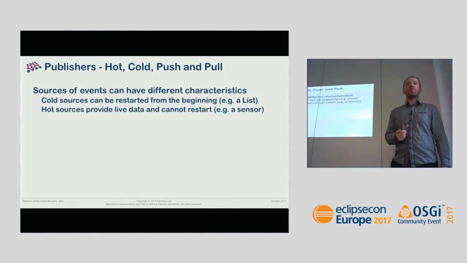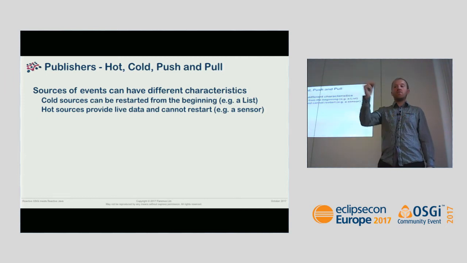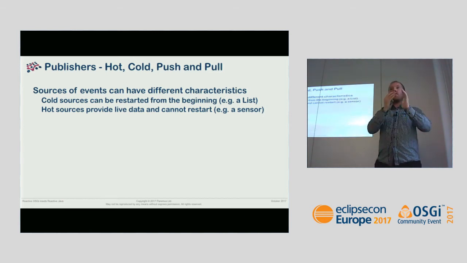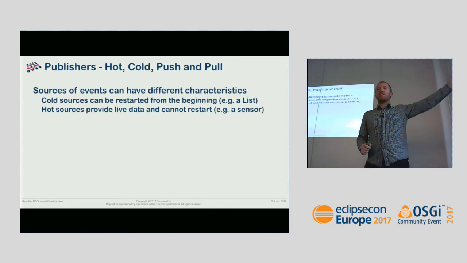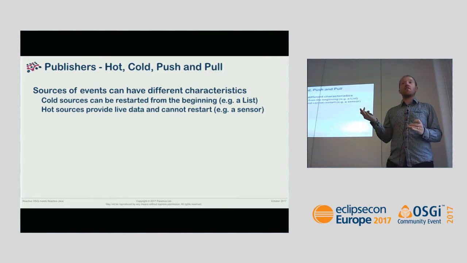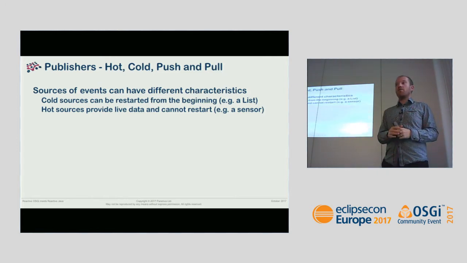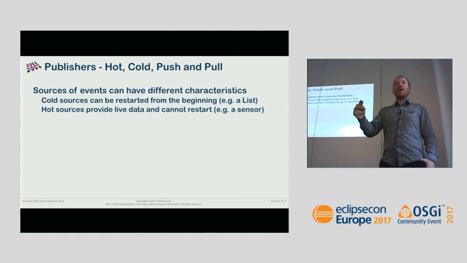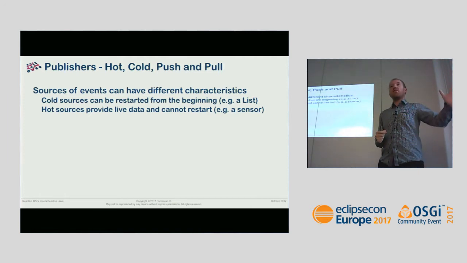A hot source is one that provides data to me, and it's live data, and you can't go back and rewind time, because there's some kind of temporal component to the data: it was here and now, and you can't go back and say, what was the data back at the start? It's gone. So temperature readings from a sensor, or if you're at the trains demo in the main foyer area, then the location of the train, that is a hot source of data. The historic data just isn't there, and it wouldn't really be that meaningful either.